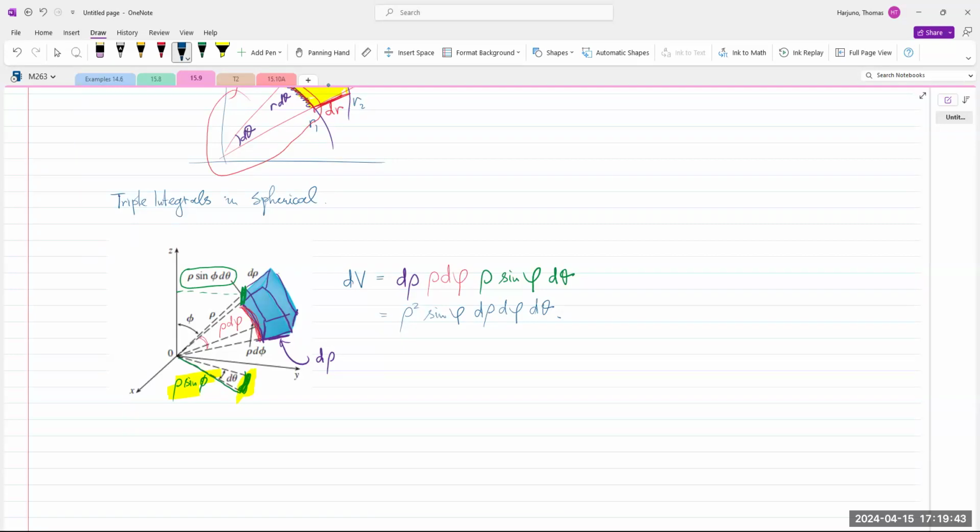In a triple integral later on, if I have the triple integral over E of f dV, once I change the dV into rho, phi, theta, I need to insert that rho squared sine phi, so rho squared sine phi d rho d phi d theta. Okay, let's do problems.